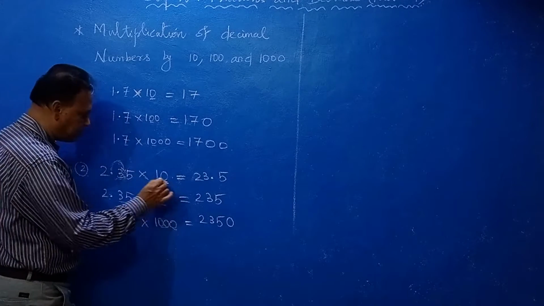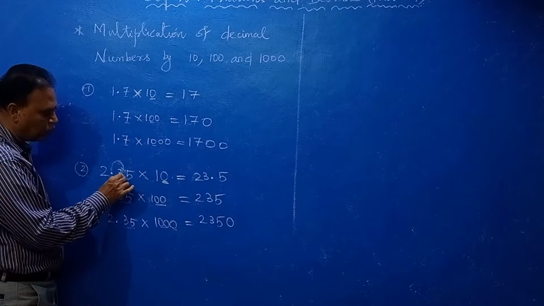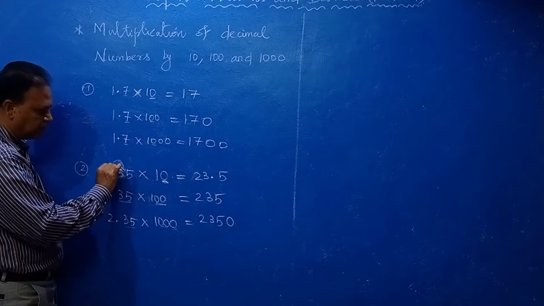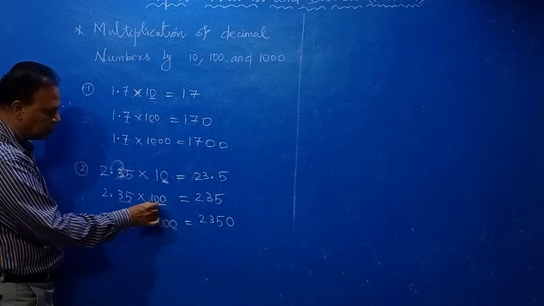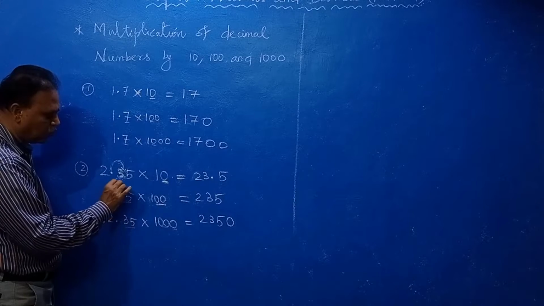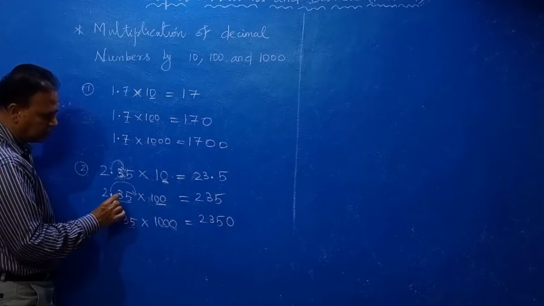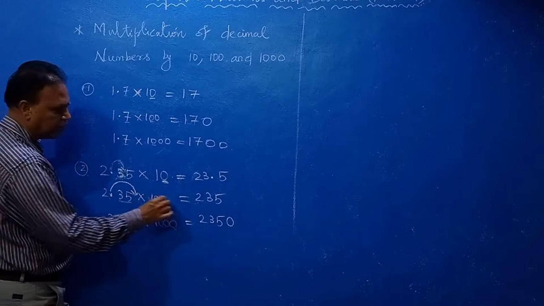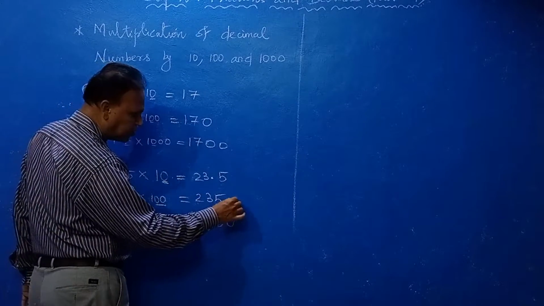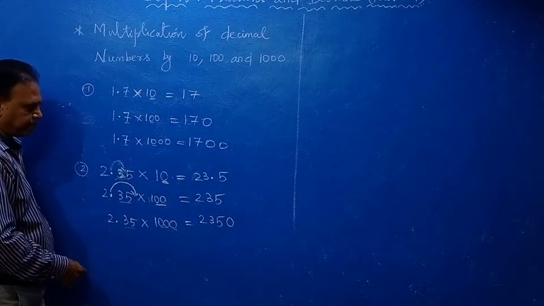Here 1 0 means this point you have to move right by one digit. Here 2 0, so you move this point to after 2 digits. That is very important. Clear? That's why you can write 235.0. Clear?